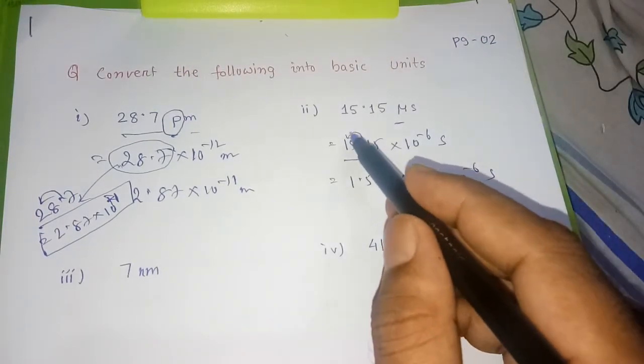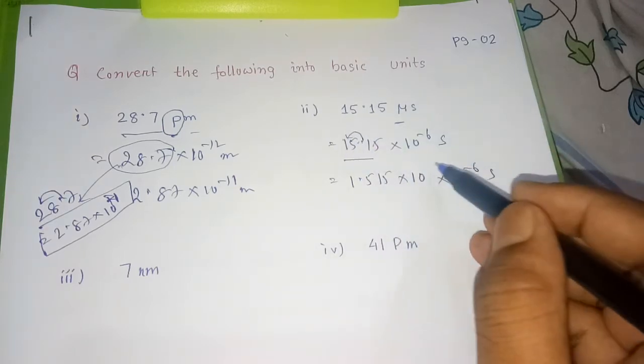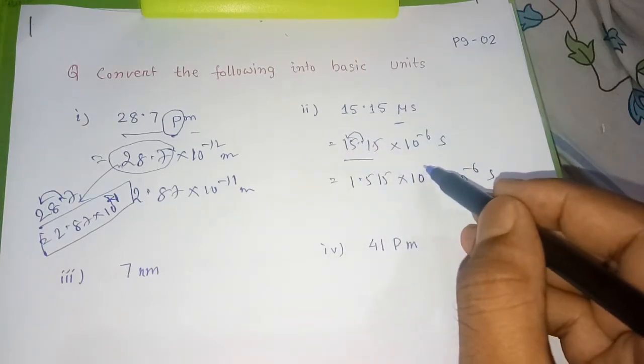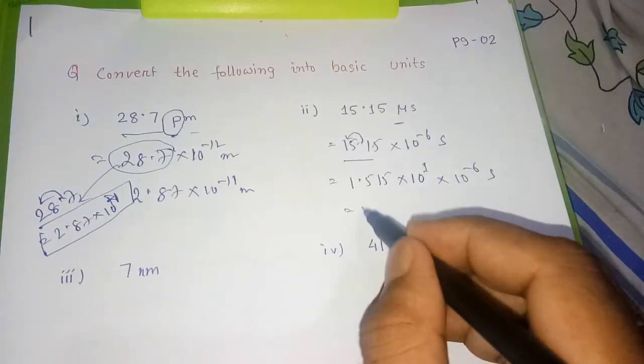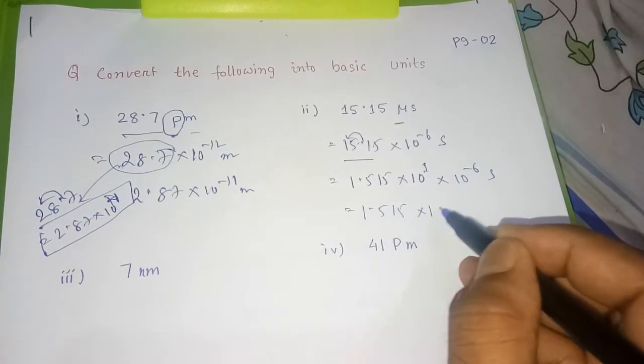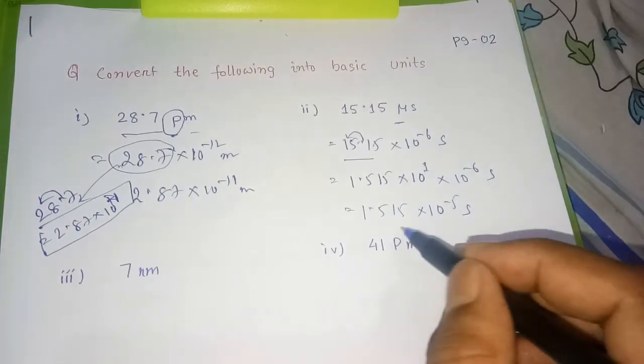Now decimal moves towards left, then this one actually 0, from 0 it become 1, so it can be written as 1.515 into 10 to the power minus 5 second.